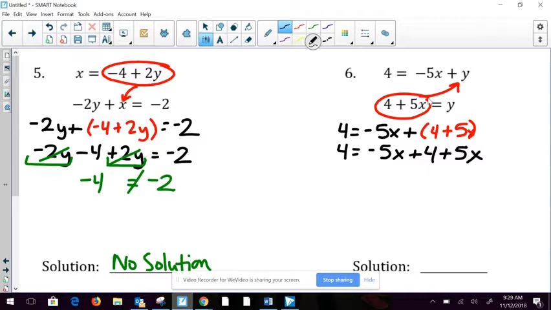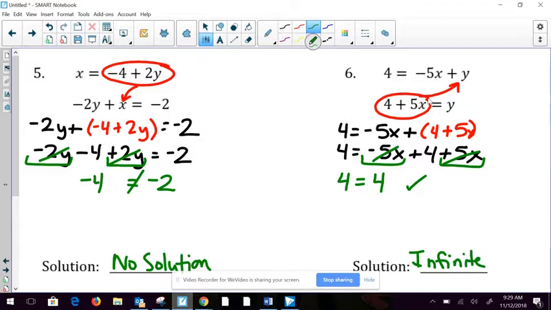And if you look here again, combining like terms, I have a negative 5x and a positive 5x. What happens to both of them? You got it, they cancel. So on the left side I have 4, and on the right side I have 4. Is that a true solution? Is that true? Is 4 equal to 4? It sure is. So this one is infinite solutions.